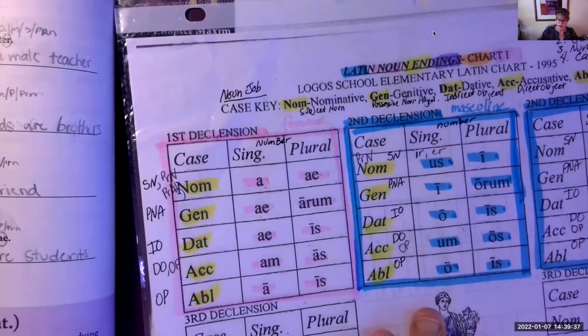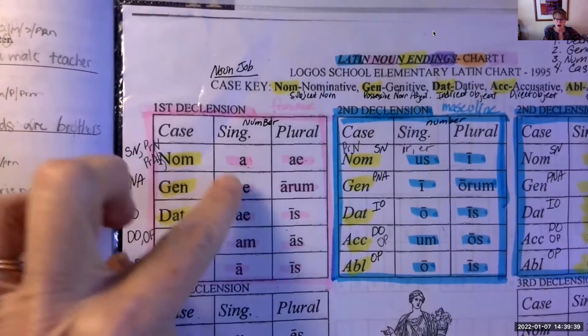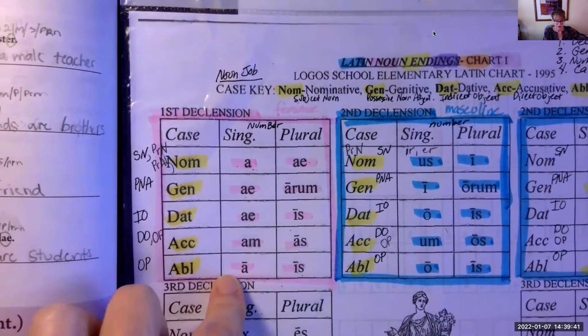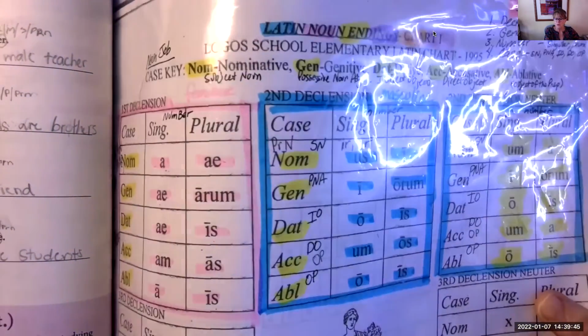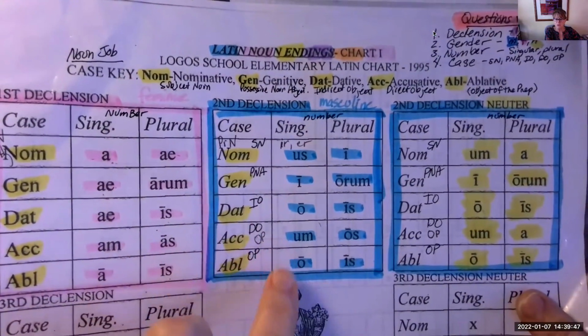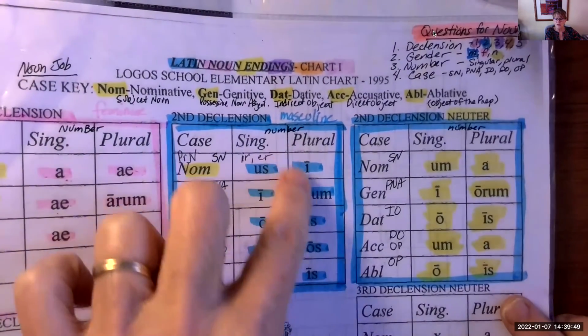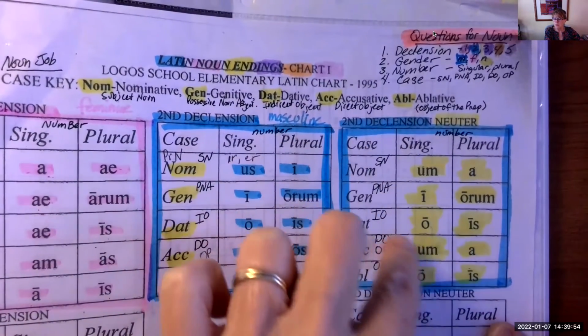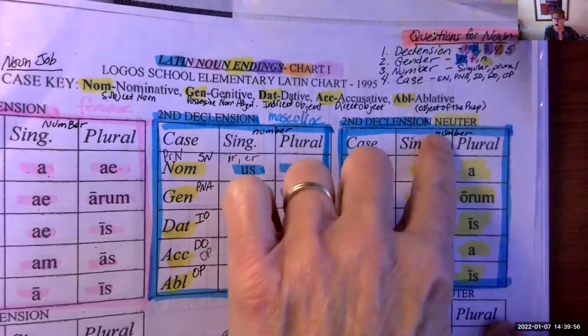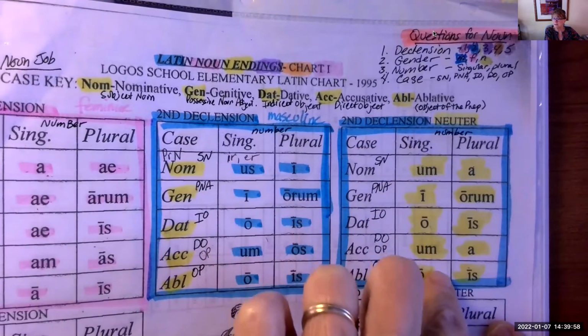And then for your nouns, you're going to chant the endings: a, ae, ae, am, a, a; ae, arum, is, as, is; us, i, o, um, o; i, orum, is, os, is; um, i, o, um, o; a, orum, is, a, is.